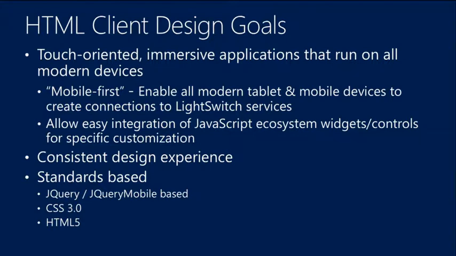So what we did in the HTML client is we made it a lot easier. Writing custom controls in the HTML client, and I will show you that in a second, the only thing you do is on your screen, you drop into code, and you start writing JavaScript. You start reusing existing controls from this huge ecosystem that exists out there.